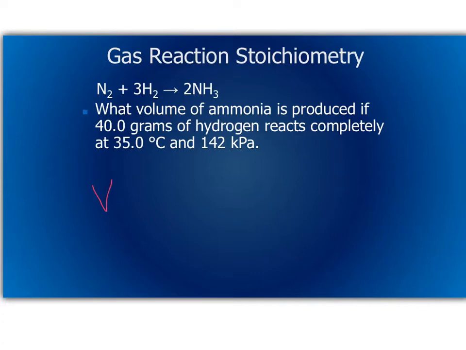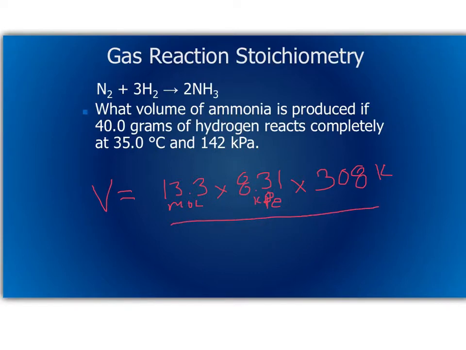We have V equals n, that's 13.3 moles, just to make sure we all know, times R, which is 8.31, and I'm just going to put kPa for right now, just to make sure we know that that's the right one, times T, which is 308 K. And then that's all divided by P, which we told was 142, okay?